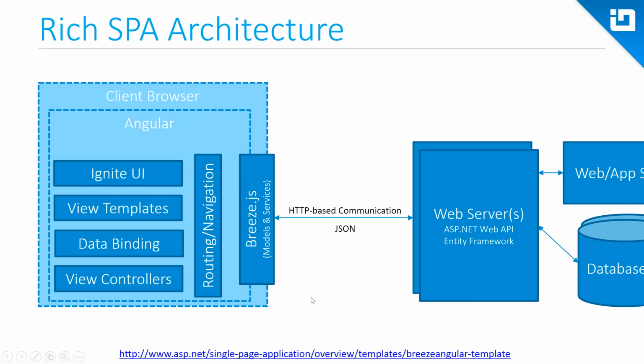This URL, you don't have to memorize it. You can probably just search Breeze Angular template or something like that with ASP.NET. You'll get to it, but I mention it because it kind of goes into more depth on this architecture. It doesn't specifically mention Ignite UI, but you can easily figure that part out. And of course, in terms of communications, it's all using JSON.